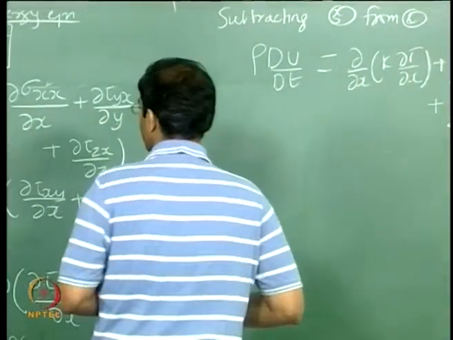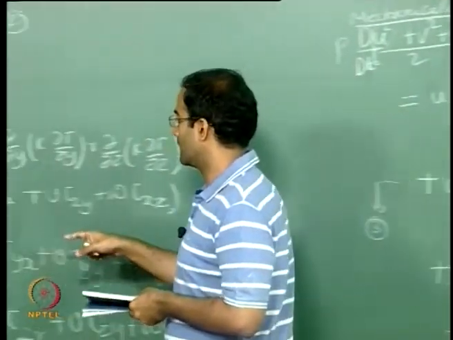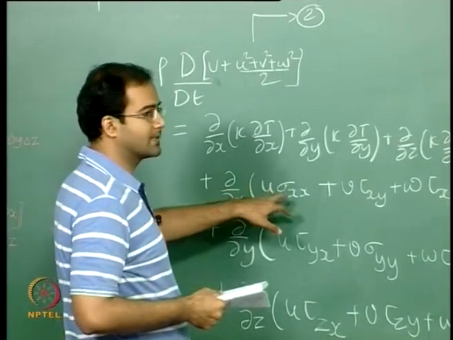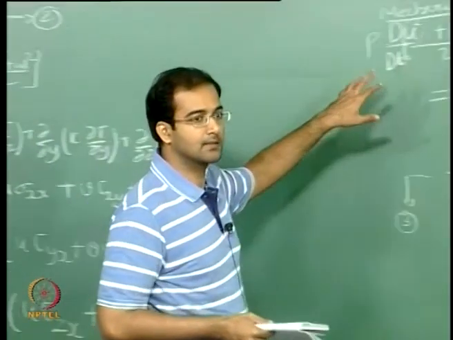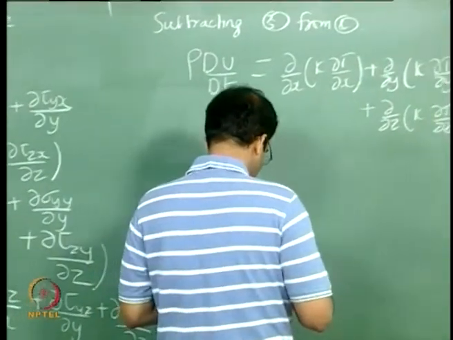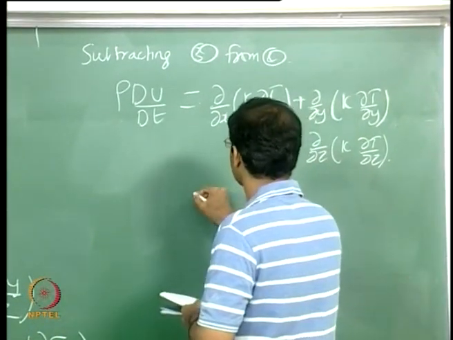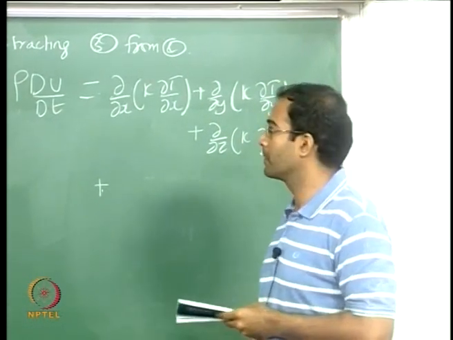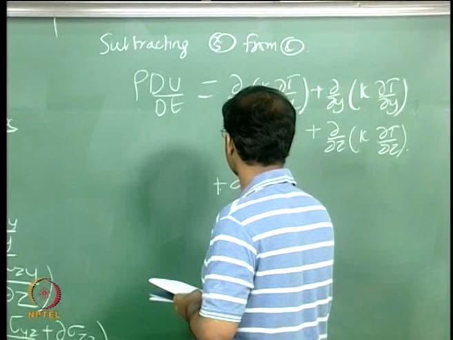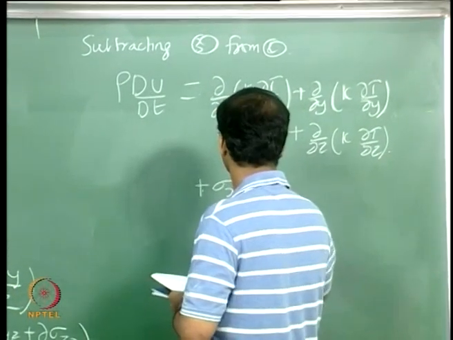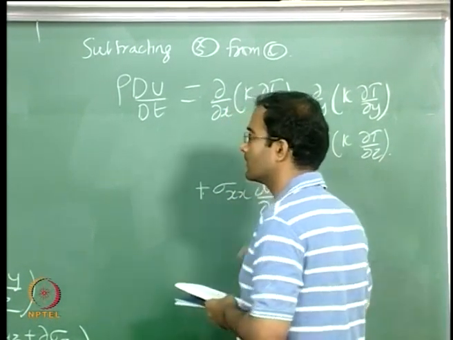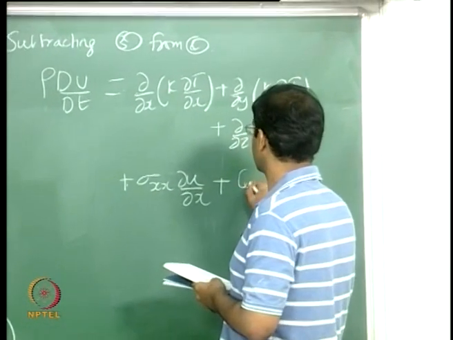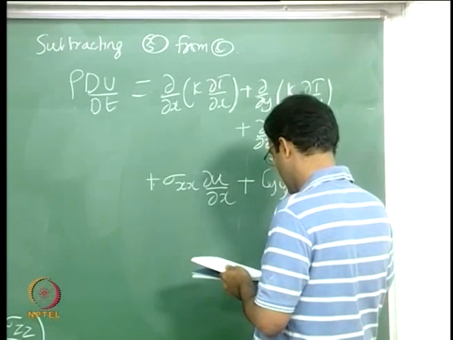You can expand this as d by dx of sigma xx u, which is sigma xx du by dx plus u into d sigma xx by dx, so that cancels. So what should be the remaining terms after you cancel off? You have sigma xx du by dx, right, plus tau yx into du by dy.